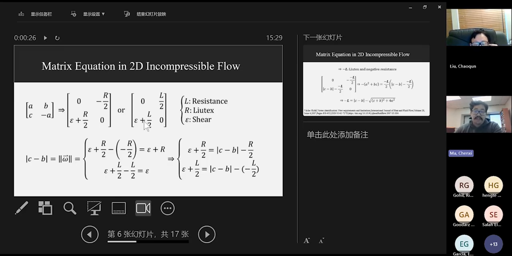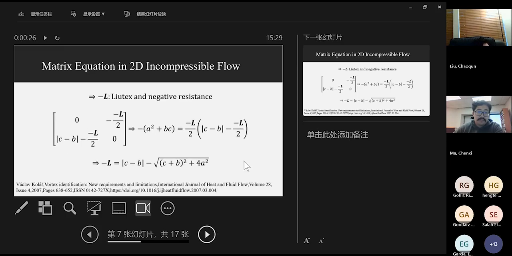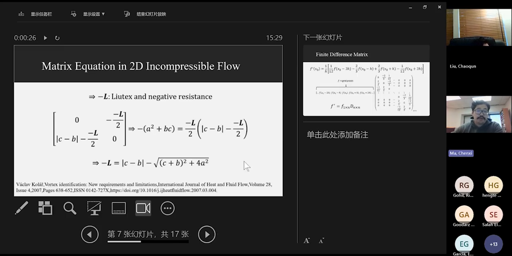Negative resistance stands for both negative resistance for non-rotational points, but it also stands for Liutex for rotational points. So we use this, negative L, which is Liutex and negative resistance together.